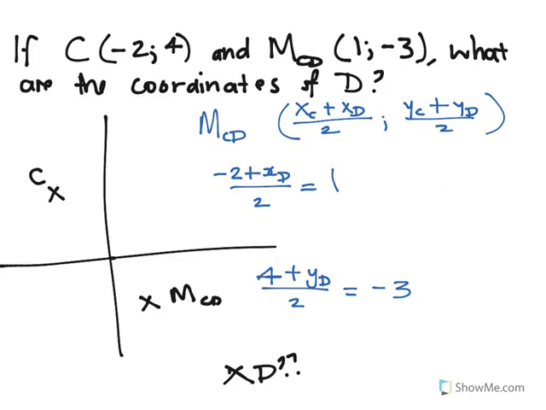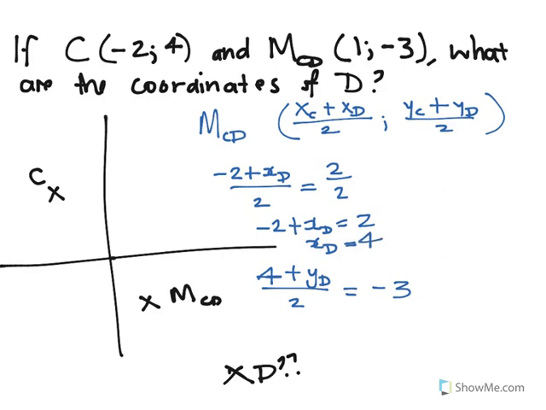So 1 is just the same as 2 over 2, so that means that -2 plus the x coordinate of D is going to be equal to 2, and if I add 2 to both sides, the x coordinate of D is 4.